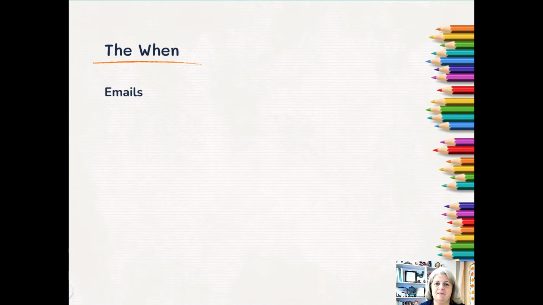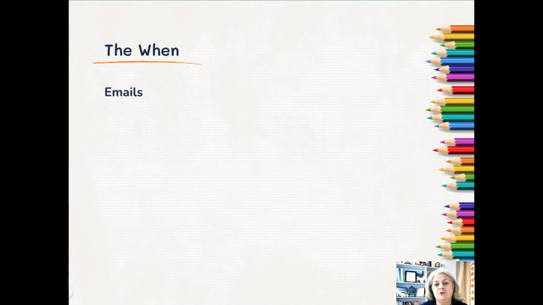So the when. Document retention basically is looking at what documents do we need to retain and what documents would be really, really helpful to discard, and the why they would be helpful to discard will come up in a second.